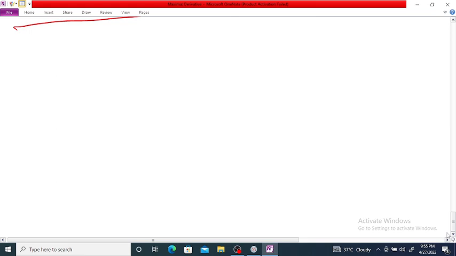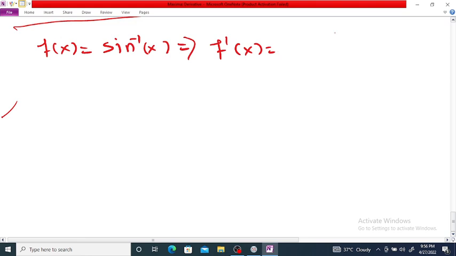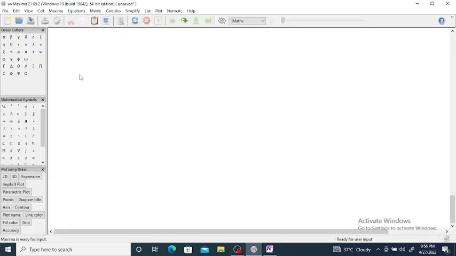As we know, d by dx of sin inverse x: if f of x is equal to sin inverse x, then f dash x is equal to 1 divided by under root of 1 minus x square. So how to enter an inverse trigonometric function in Maxima?